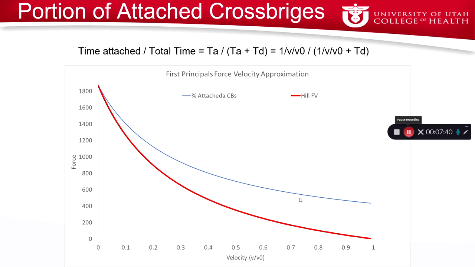And of course, cross bridges only produce force when they are attached. So this should represent a big portion of the overall force-velocity curve. And you see that it looks similar and in fact decreases quite a bit with increasing velocity.